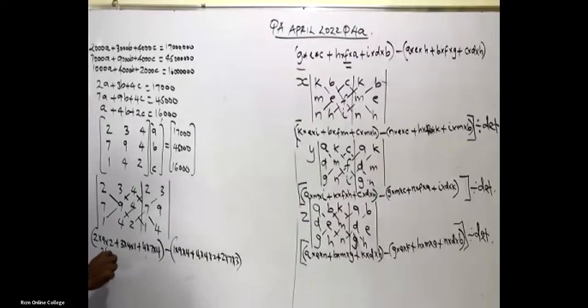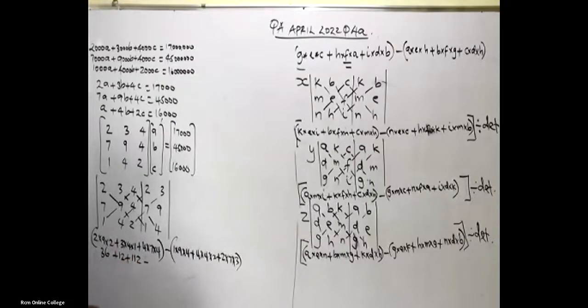You will have 36 plus 3 times 4 times 1, that's 12, plus 4 times 7, 28 times 4, that will be 112. Right? Alternatively, you can take 7 times 4, that will be 28 times another 4, 112.